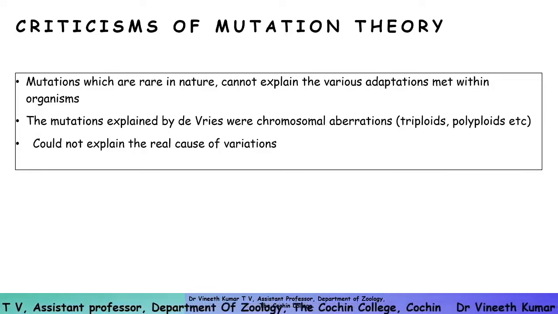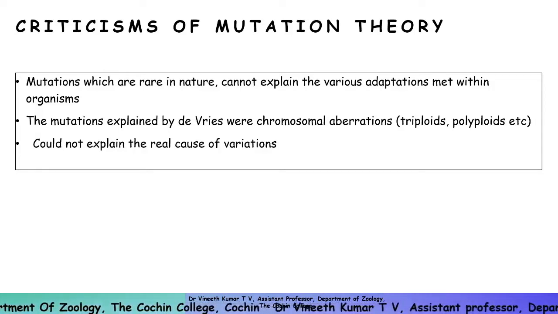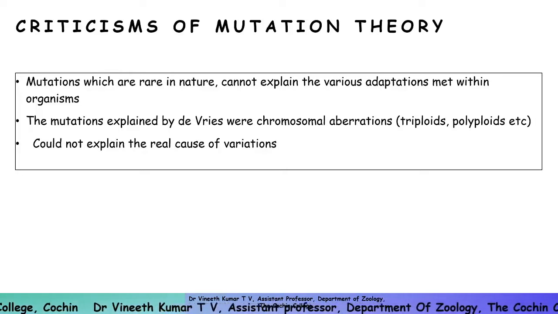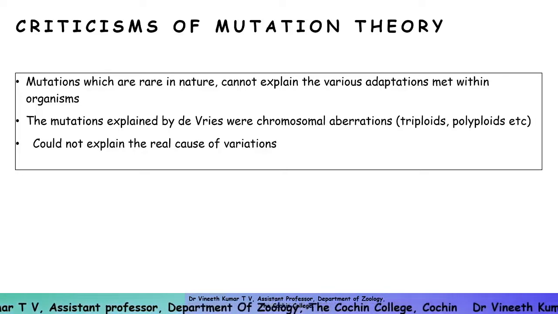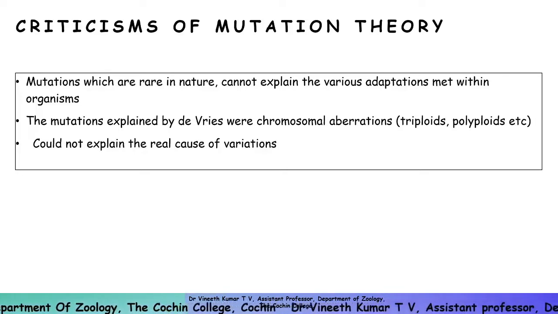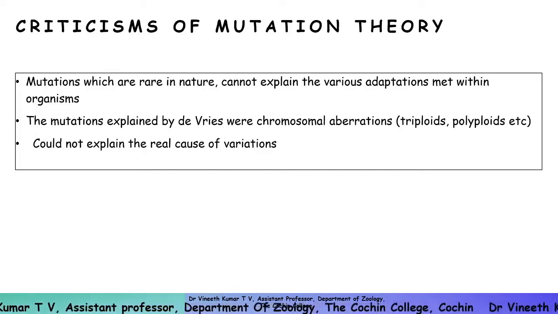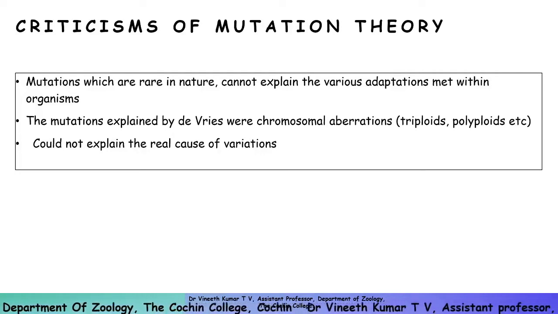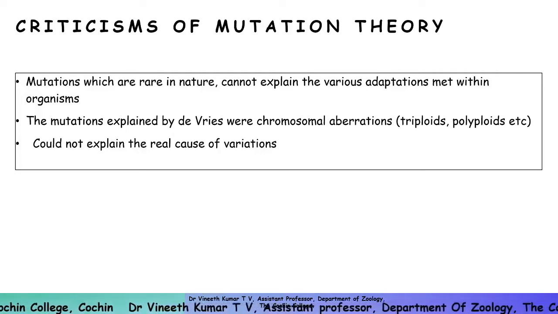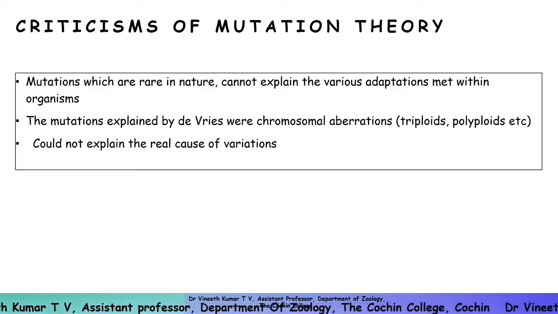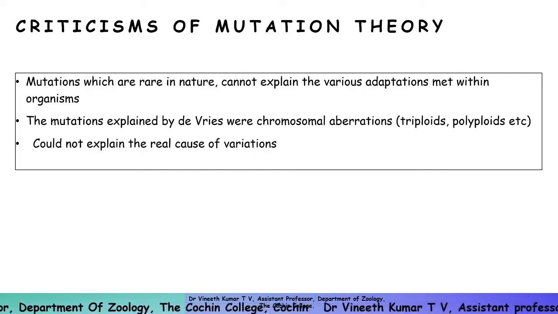Only if changes happen always can they explain adaptations. But a rare phenomenon cannot explain adaptations in a constantly changing environment. So that is one criticism which was raised against the mutation theory.